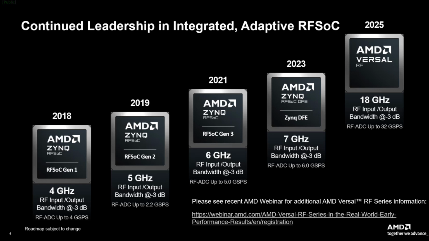We then released essentially a very minor revision to push the input-output bandwidth to 5 gigahertz. And then we did a more major upgrade to the device in 2021 where we pushed the input-output bandwidth up to 6 gigahertz. And then the ADC went up to 5 gigasample, so constantly improving the input-output frequency range and the sample rate. And then we did a very interesting part called the Zynq RFSoC DFE for digital front end.